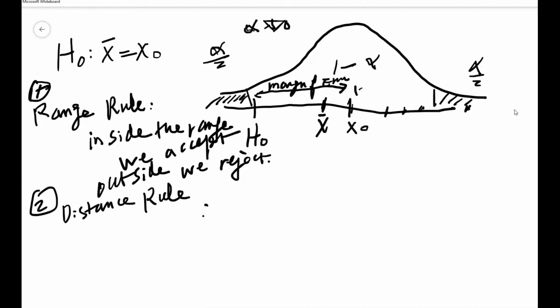Let's call this distance A, and this margin of error B. If A is less than B, accept.